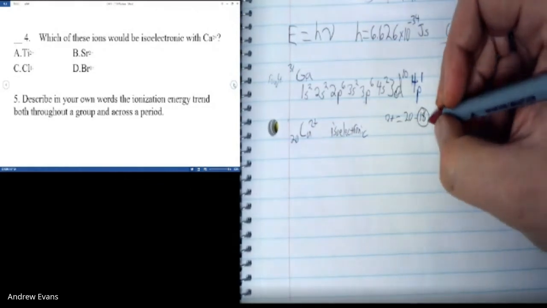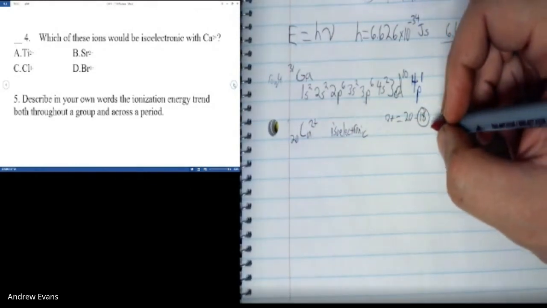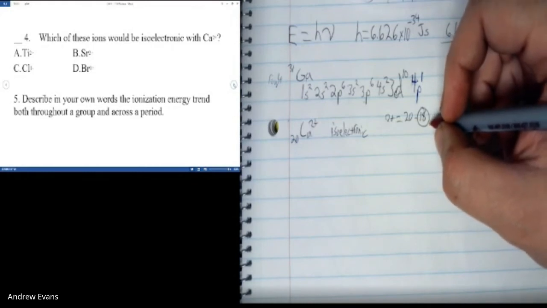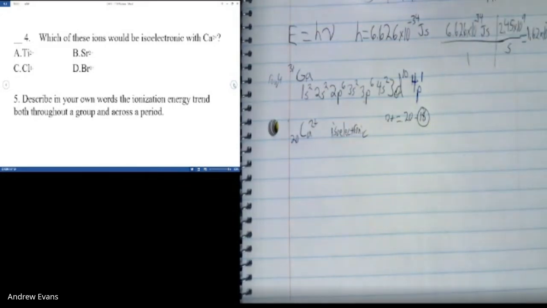So we want something that also has 18 electrons. Titanium would be 22. It's also 2+, but it would have 20 electrons. So no, that's not isoelectronic.